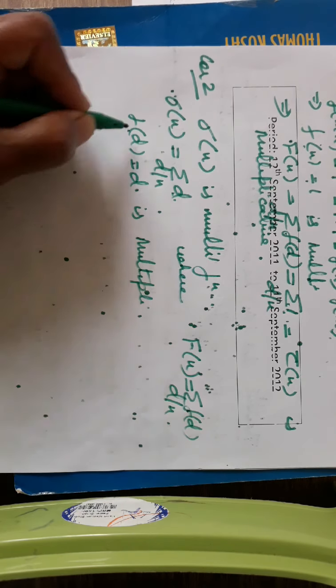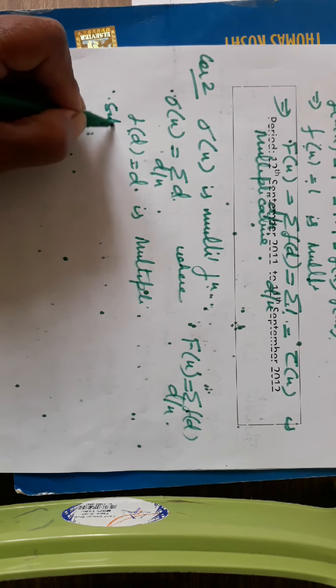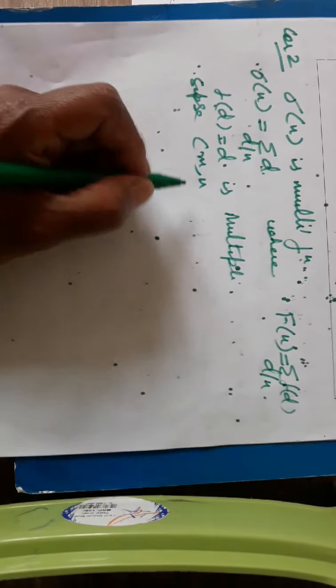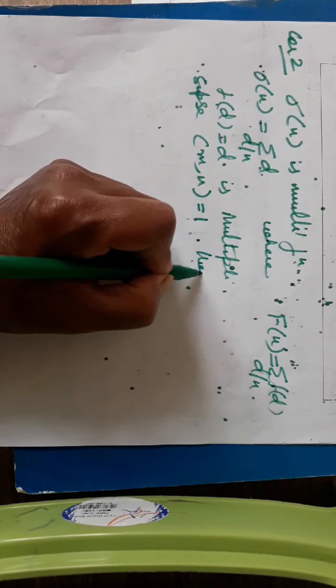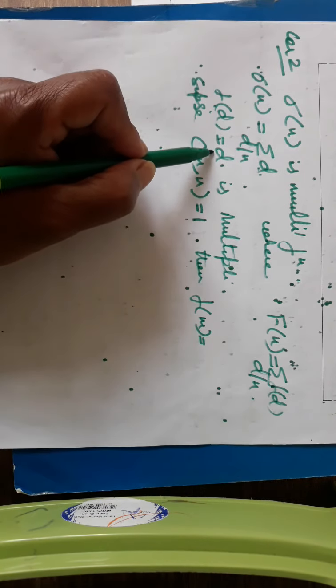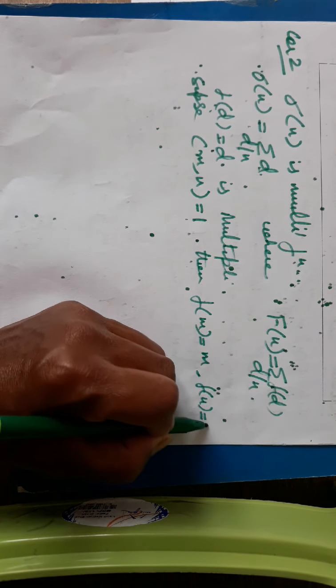This small f is multiplicative since, suppose GCD of m and n is equal to 1, then because f of d is equal to d, f of m will be m and f of n will be n.